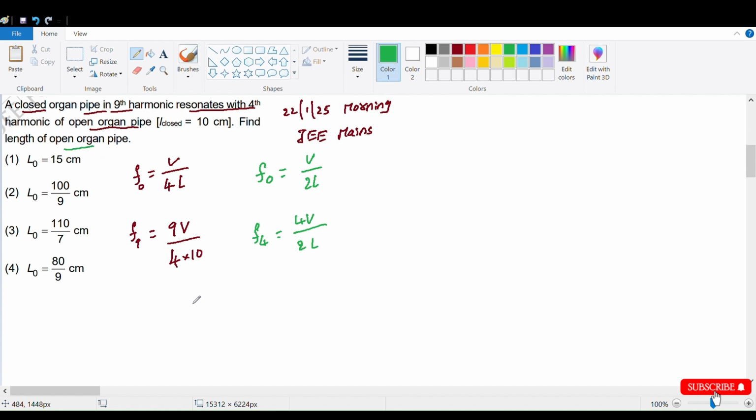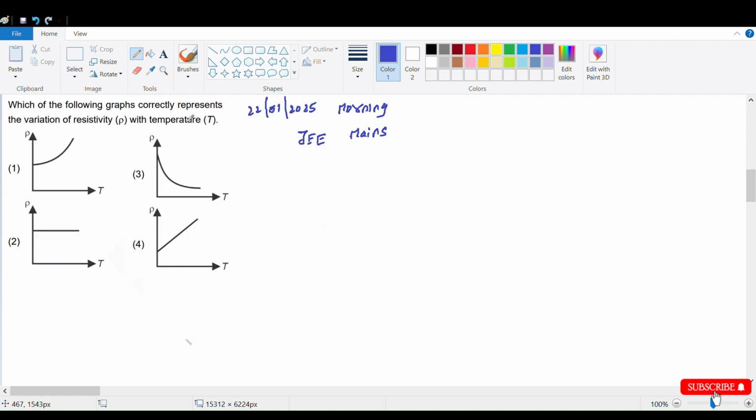These two are equal, so you can just equate them. 9V by 40 is equal to 4V by 2L. V cancels, 2 cancels, cross multiply, 9L is equal to 80, and L is equal to 80 divided by 9.